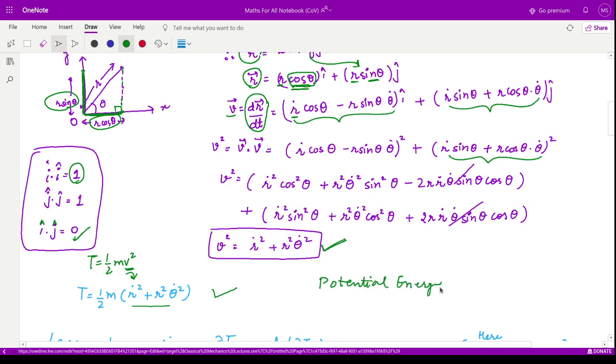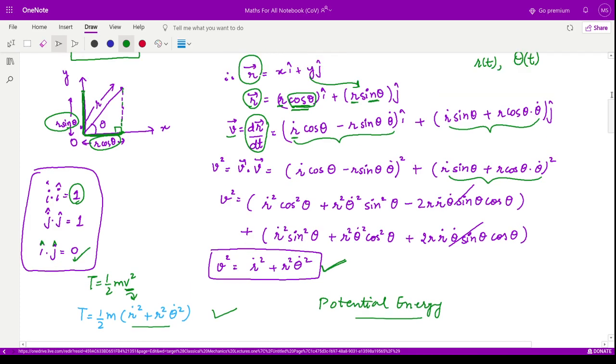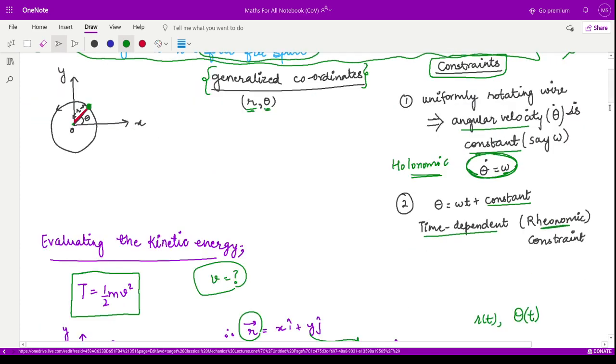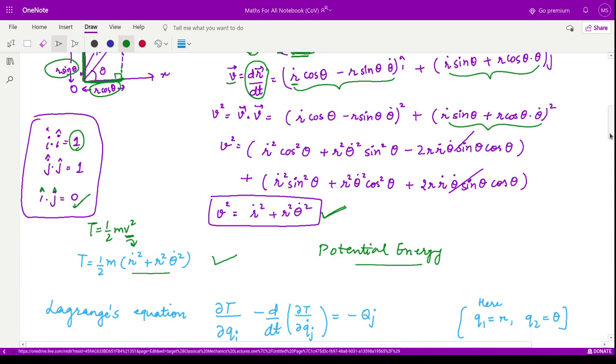But notice that here in the question we are given the wire is rotating in a force free space. Force free space means no force is associated with the given system.